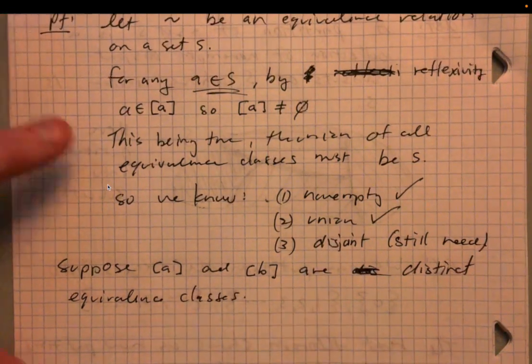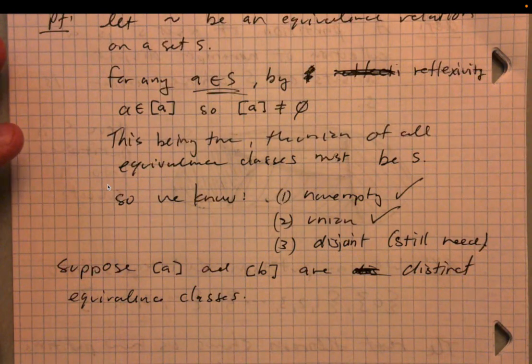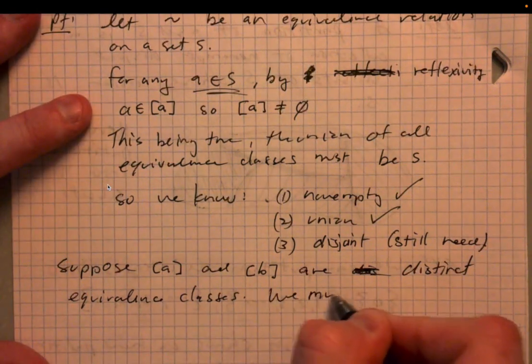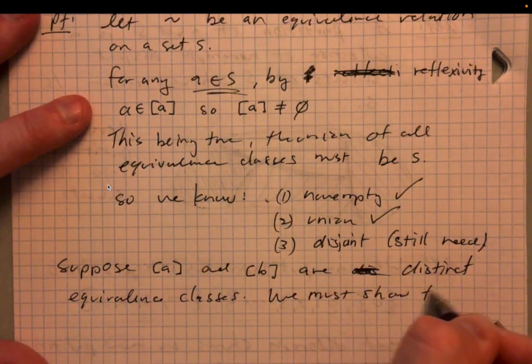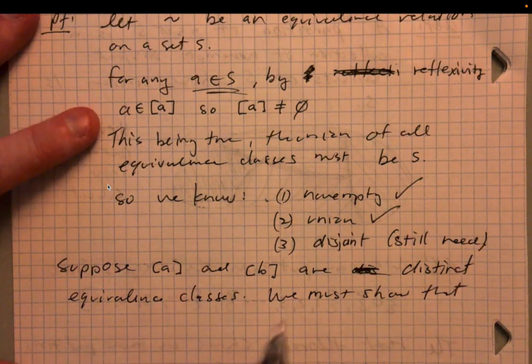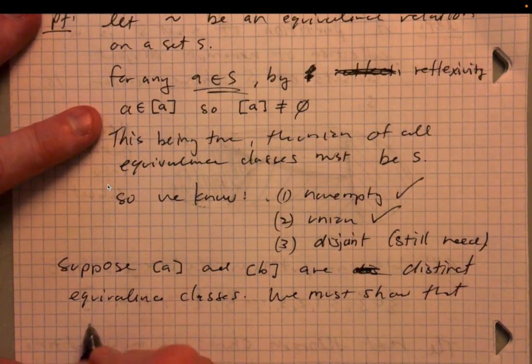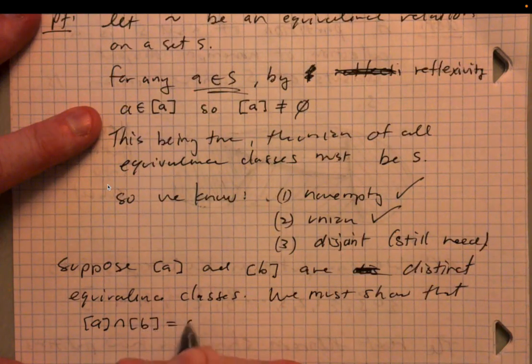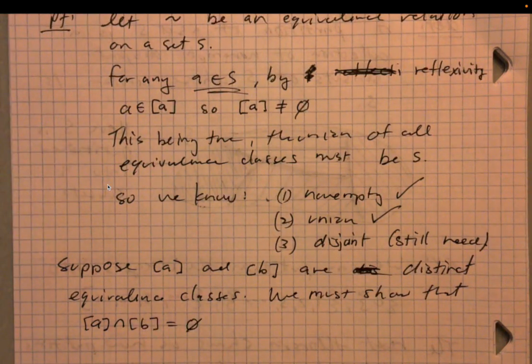What we must show is that they're disjoint. And by disjoint, what do we mean? We just mean their intersection is the empty set. Okay, that's what we need to show.